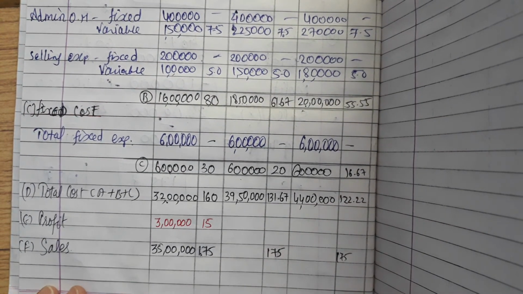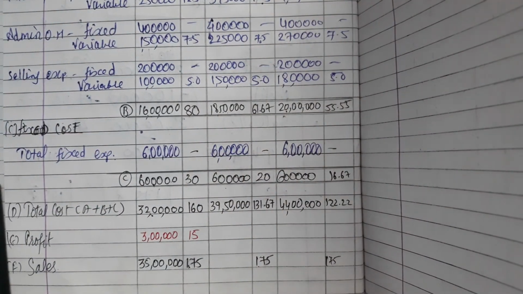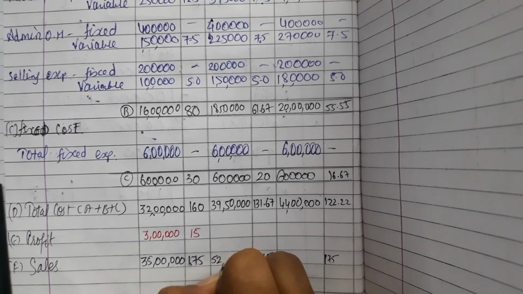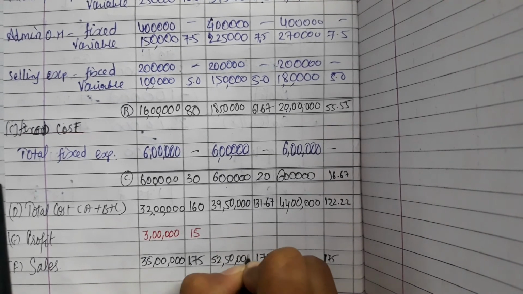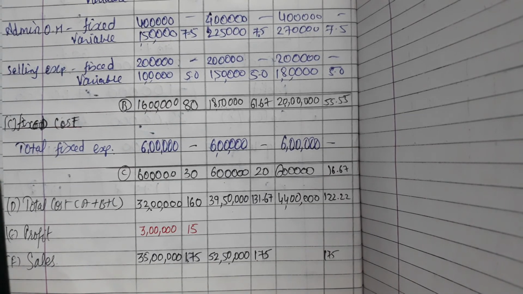Likewise here, 175 into 30,000 units, so that is 52 lakhs 50,000. This is your sales, minus 39 lakhs 50,000. So that is 13 lakhs.